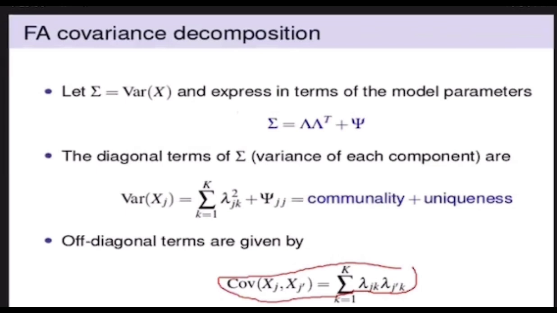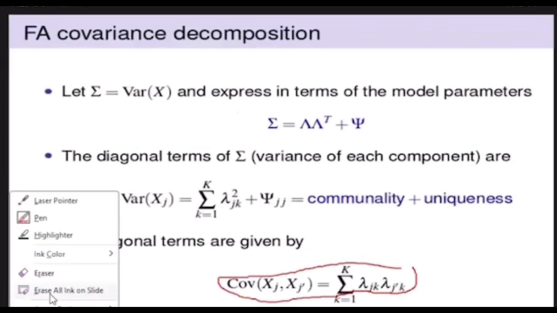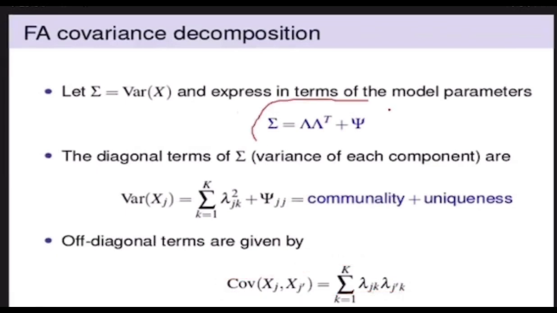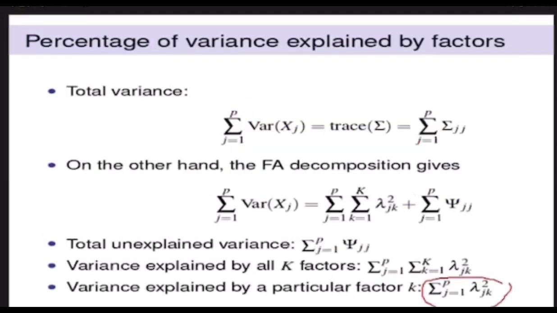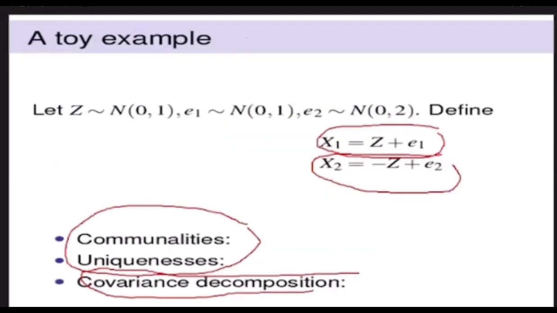So what are we doing? What we're actually doing here is we want to break the variance-covariance, that is the total variance, into two components. The one explained by the factor, the one that is not explained by the factor. Then we need to be able to know the number of parameters available.